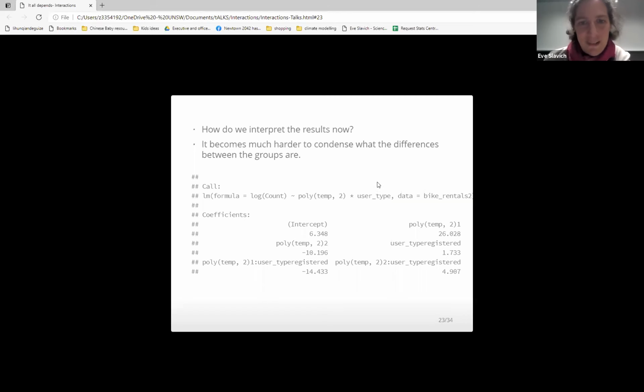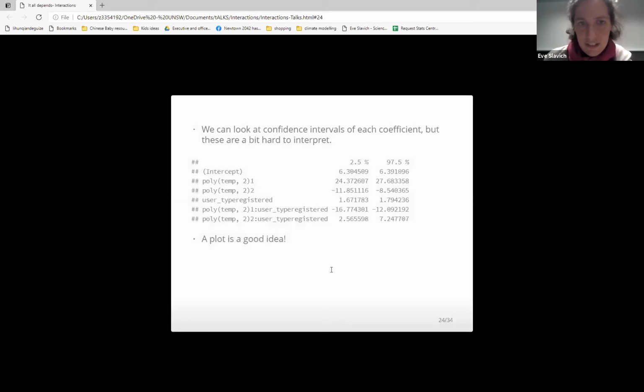And so it's much harder to interpret these results. This is just the fitted model without any standard errors and stuff. But even if we did summary and looked at whether these terms are significant, it's going to be hard to figure out what it's telling us. So I looked at the confidence intervals of each coefficient, and I can see that each coefficient is significantly different to 0.